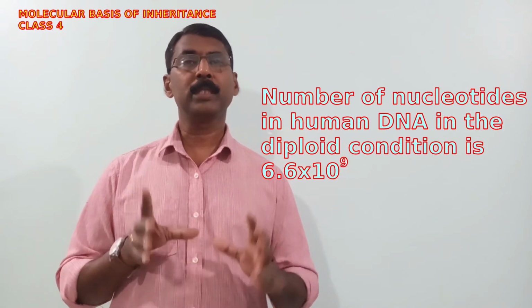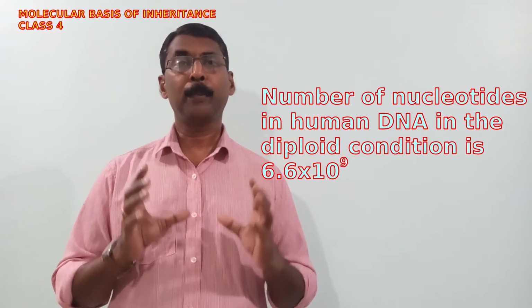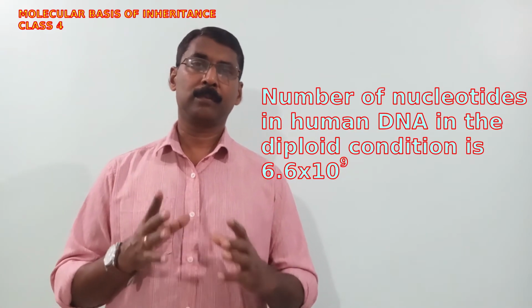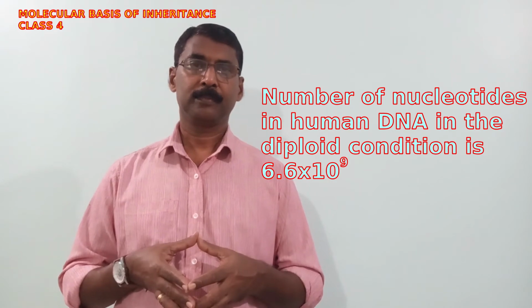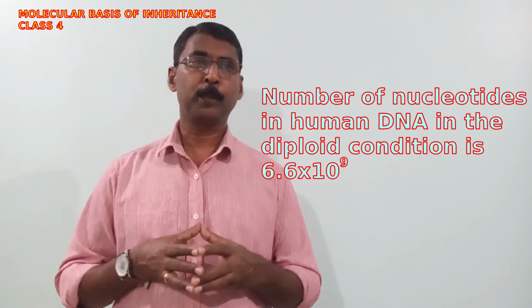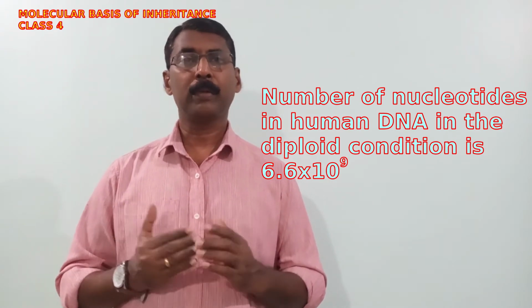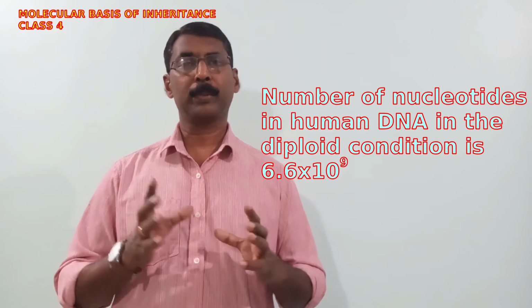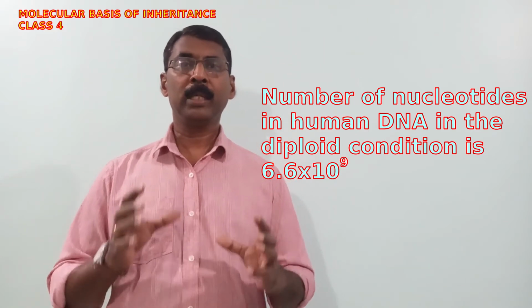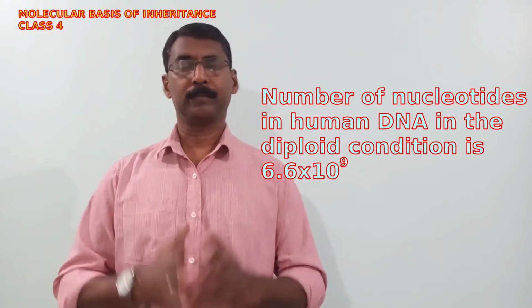That many nucleotides are present in a diploid condition in our cell. That is, 6.6 into 10 to the power of 9 nucleotides are present in the DNA molecule in a diploid condition.